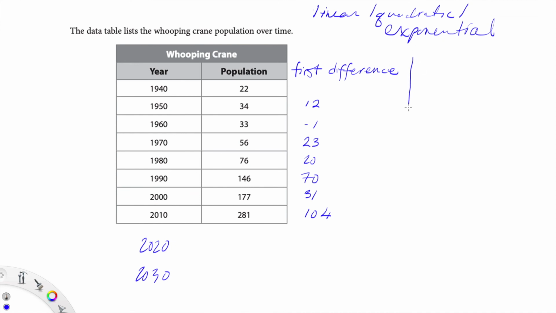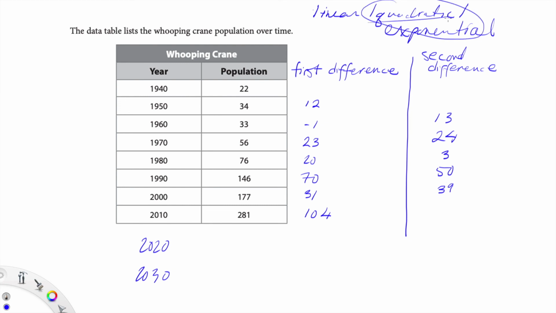Now we're going to get the second difference. If it's quadratic, then the second difference should be about even, right? So here the second difference is 13, here it's 24, here it's 3, here it's 50. So you see it's all over the place, and we can say that this is not quadratic.